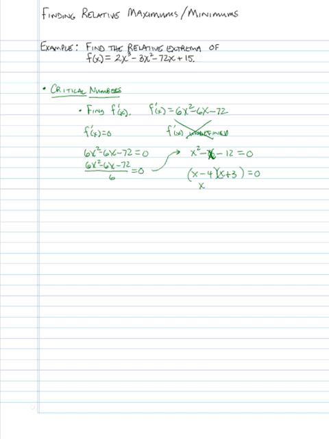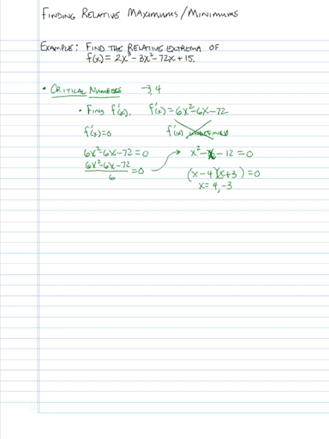The solutions are the x values that cause the first factor to be 0, and that would be 4, and the x value that causes the second factor to be 0, and that would be negative 3. So we have two critical numbers. Our critical numbers are negative 3 and 4.